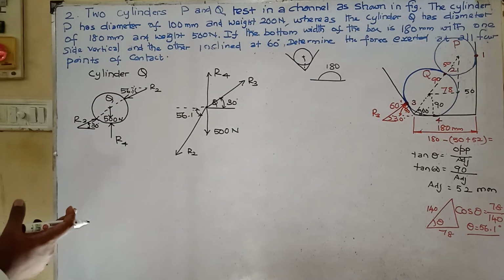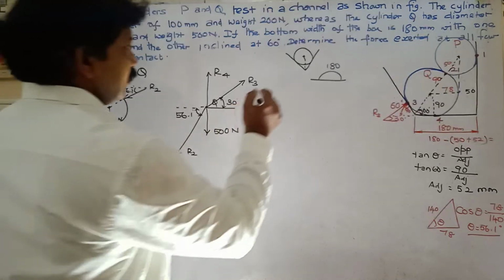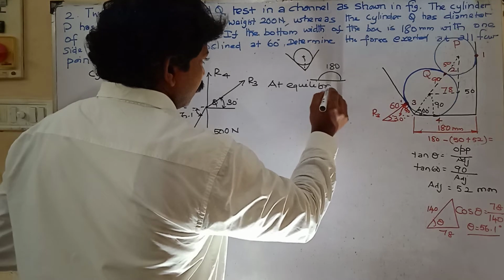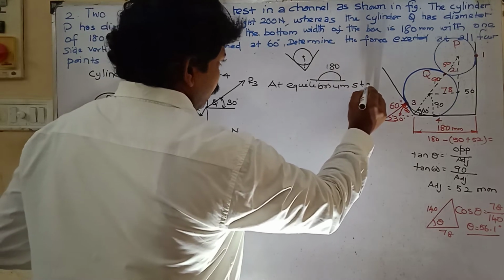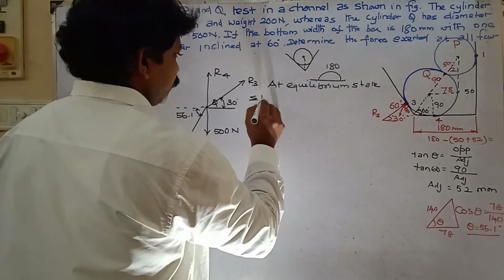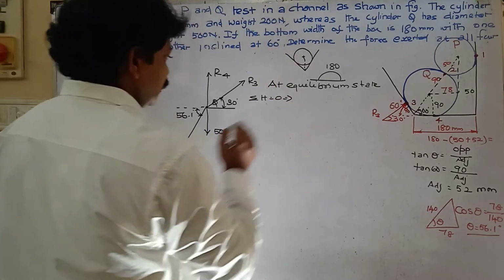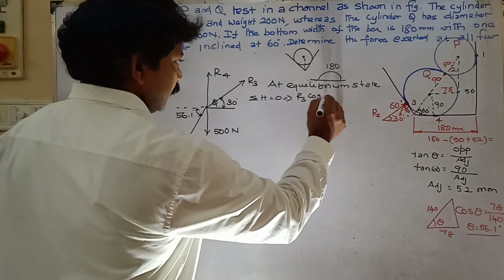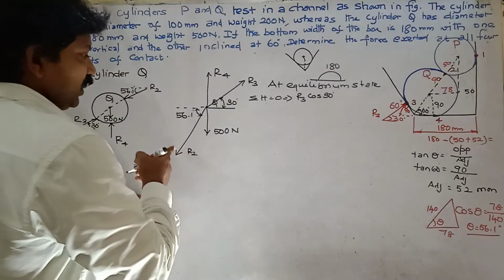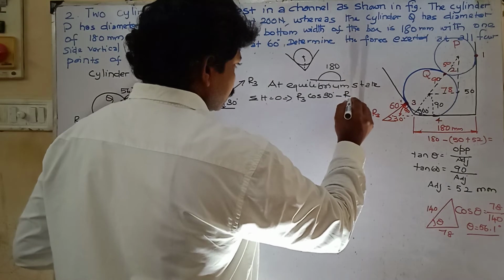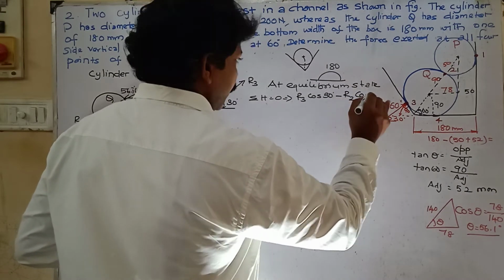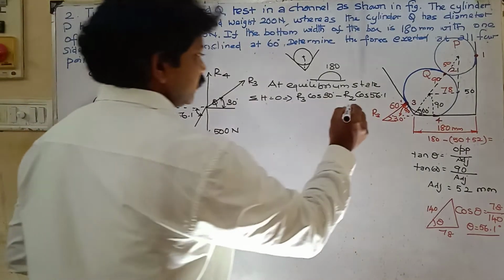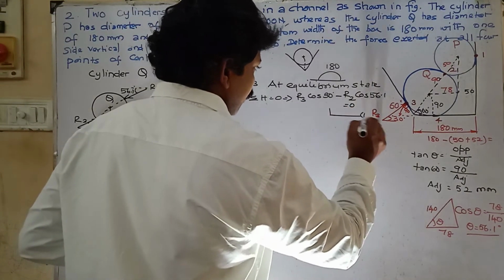So at equilibrium, sigma H equals 0 and sigma V equals 0. So R3 cos 30 minus R2 cos 56.1 degrees equals 0. Take this as equation 1.